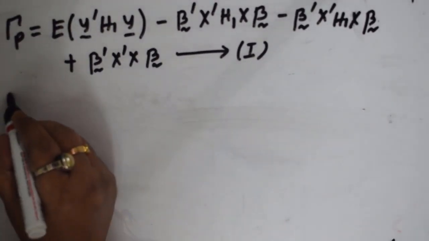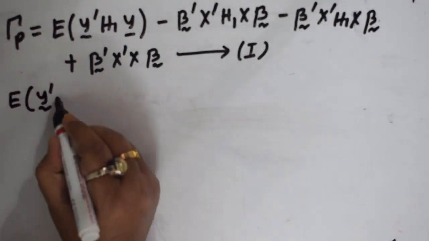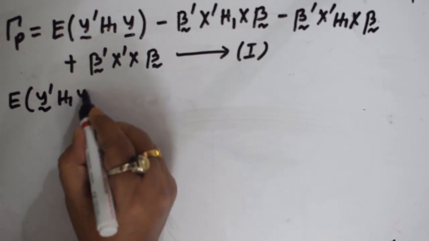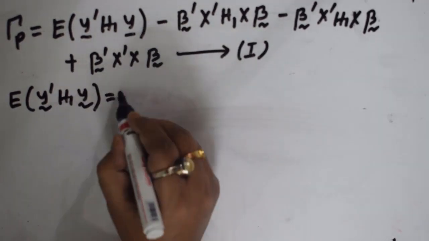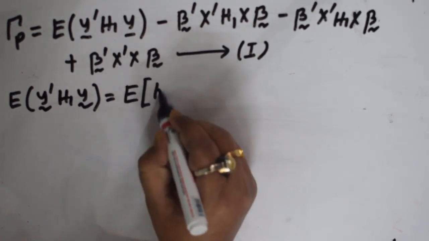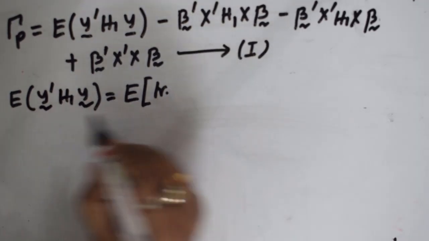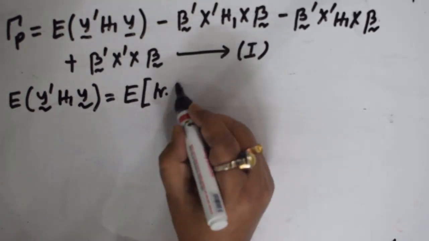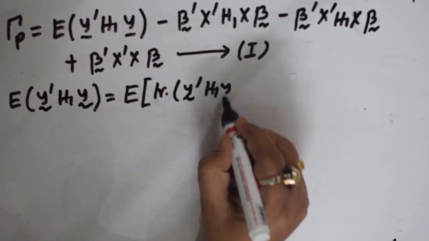Now expectation of y curl prime h1 y curl equal to expectation of trace, since this is a scalar form, so this is same as trace of y curl prime h1 y curl.